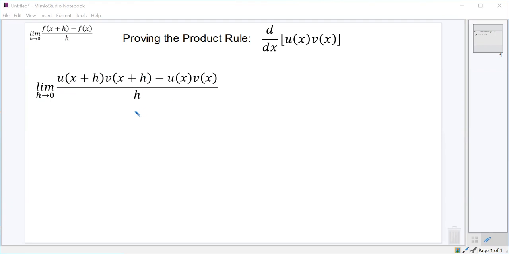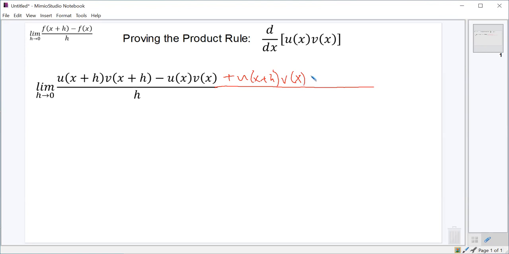And for this indeterminate limit, we're going to use a little trick that works for quite a few of the rules that we need to prove: we are just going to add and subtract the same term in the numerator. Now, it may seem like an arbitrary decision what I'm choosing to throw in here. I'm going to add in u of x plus h, v of x.